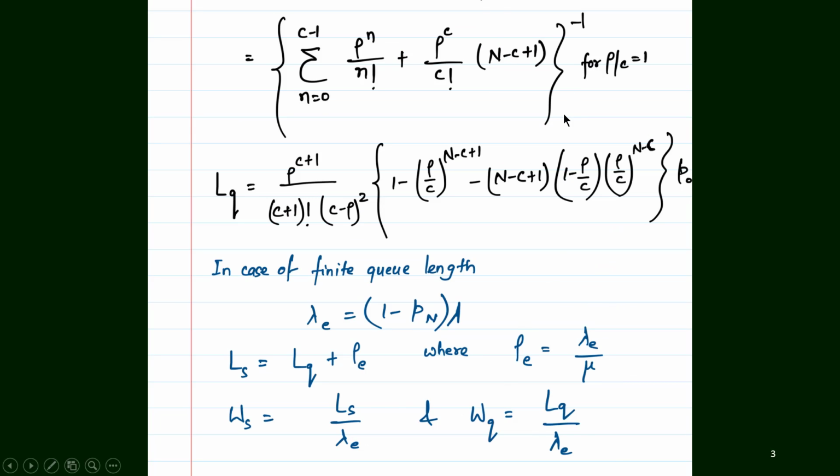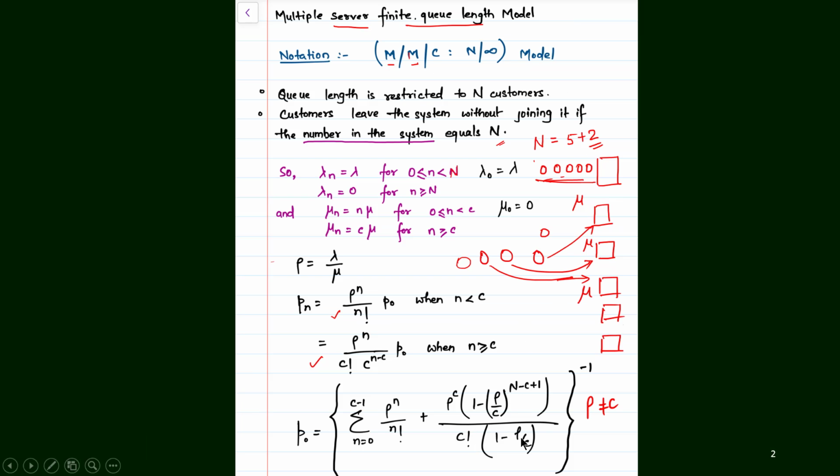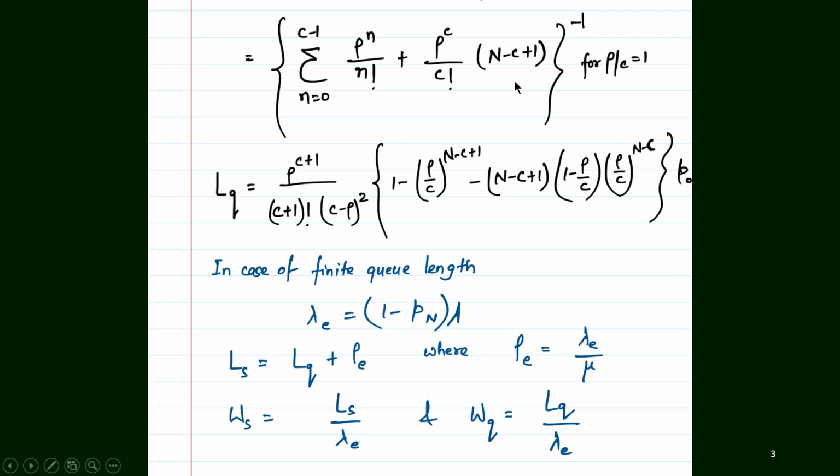If it is equal to 1, then this will become 0, so it will become indefinite. That's why the formula will change and a different formula is used. Basically this one is mostly not used, you will not get this kind of problem.